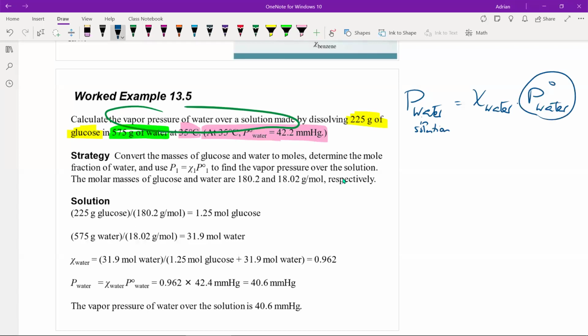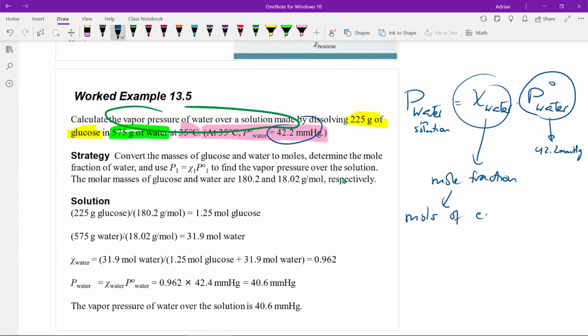This is given to us as 42.2 millimeters of mercury. We need to find the mole fraction of water in order to use this equation. In order to get the mole fraction, we need the moles of each component. So we need the moles of the water.